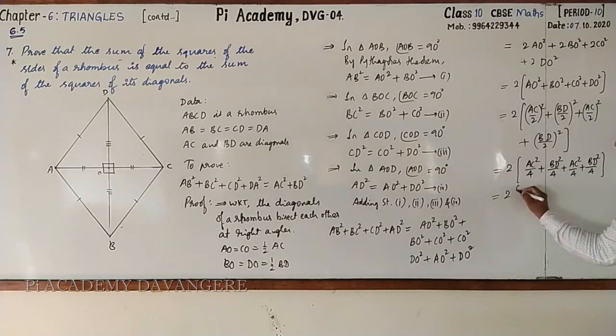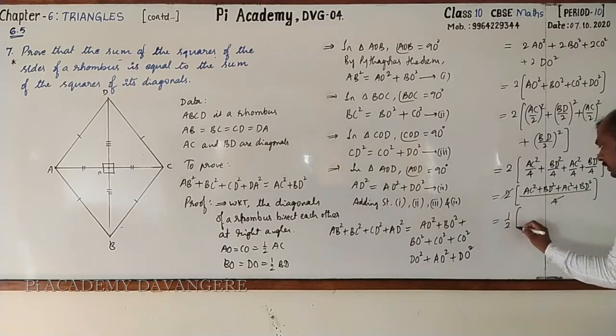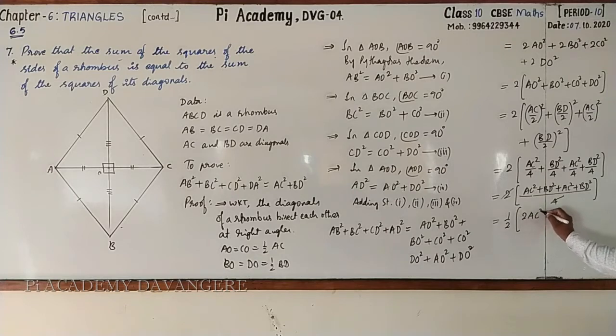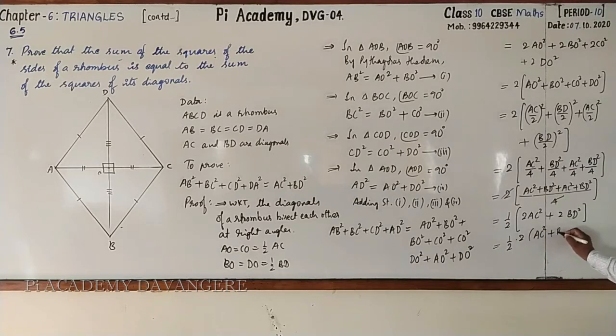This is equal to 2 into, 4 is the LCM: AC square plus BD square plus AC square plus BD square. Then 2 ones are 2, twos are 1 by 2 into AC square plus AC square, 2 AC square, BD square plus BD square, 2 BD square. Then this is equal to half into, here you can take out 2 as common factor, AC square plus BD square. 2 get cancelled.